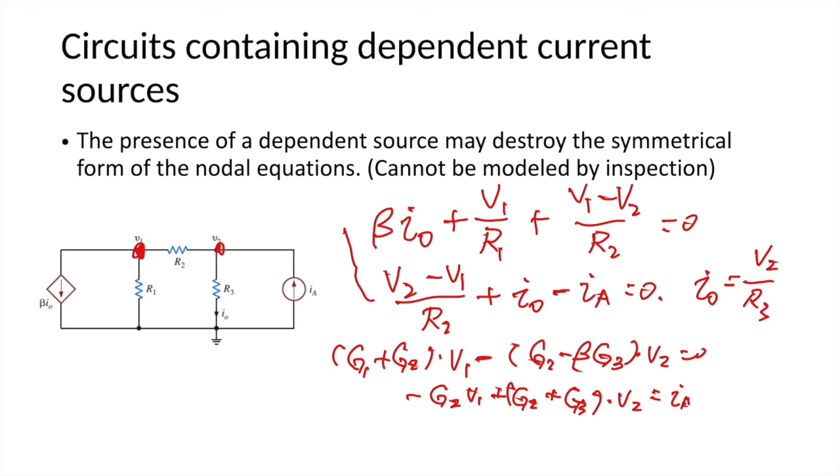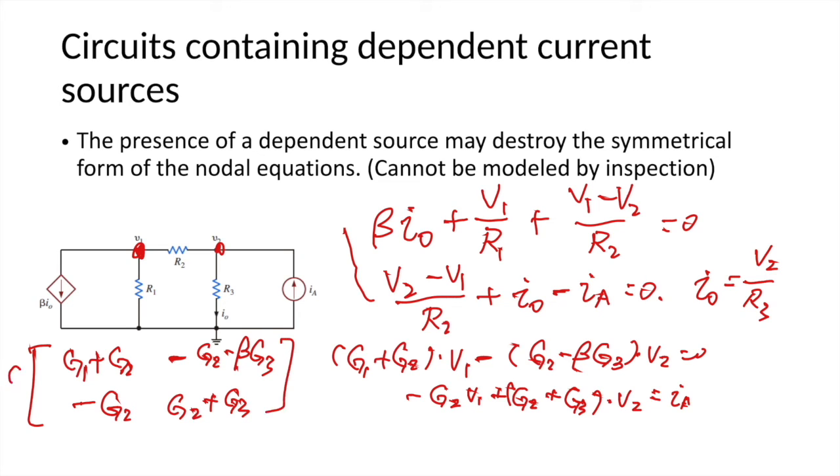Let's write these two equations in the matrix form, which equals G1 plus G2, negative G2 minus beta G3, minus G2, plus G3. This is G.